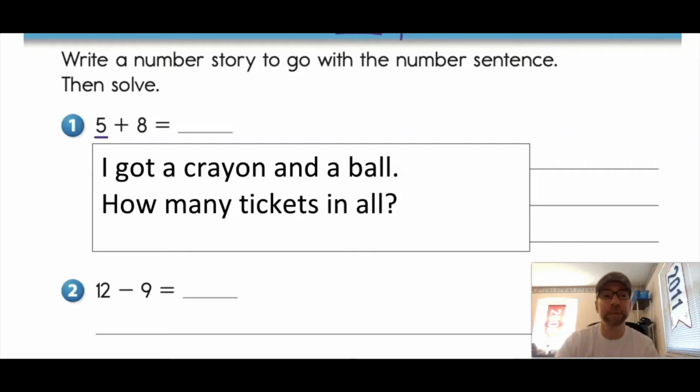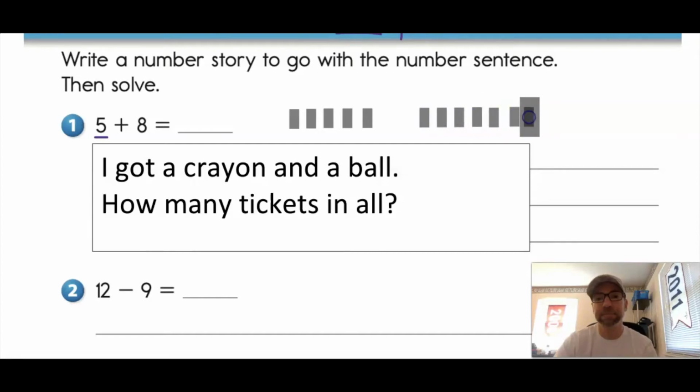I'm going to draw a picture. I'm going to start with my 5 tickets. And then I'm going to add my 8 tickets. How many tickets in all?